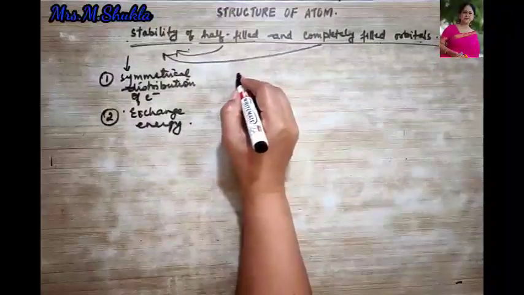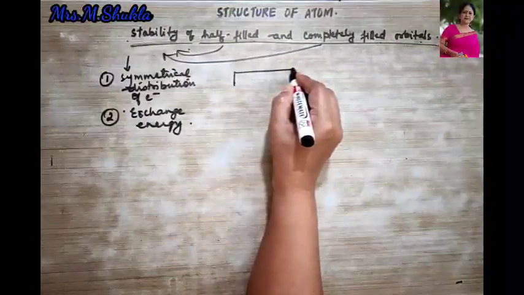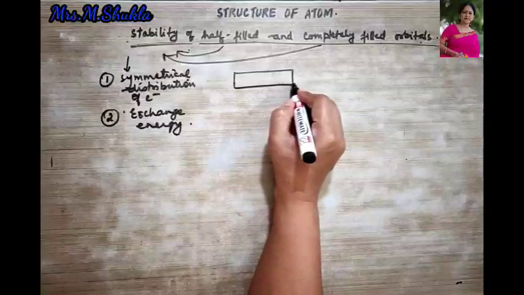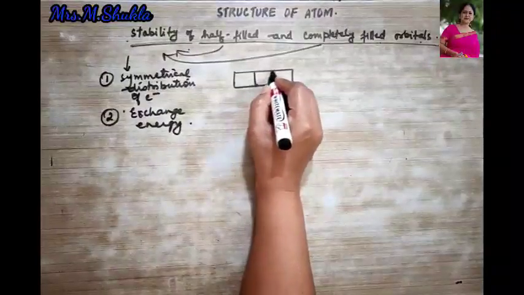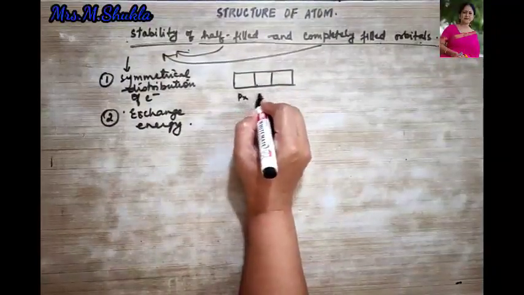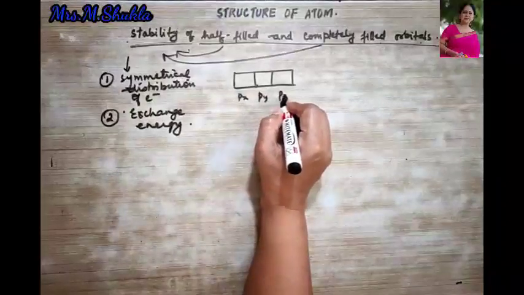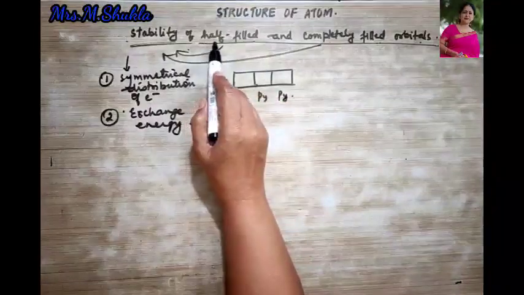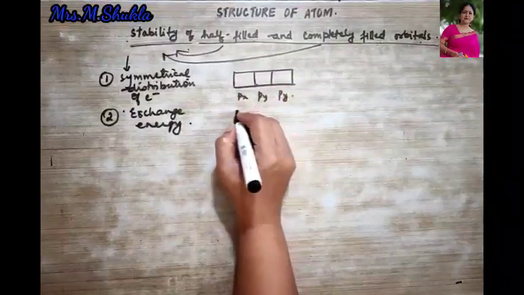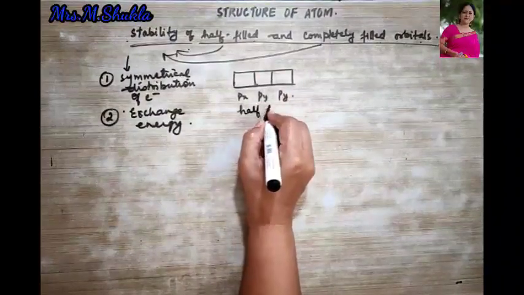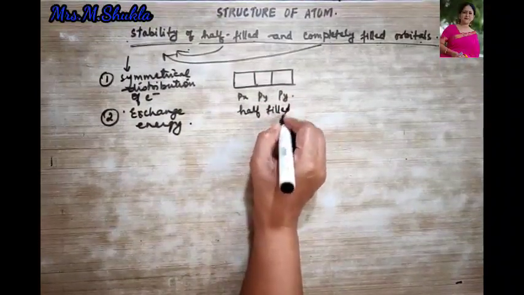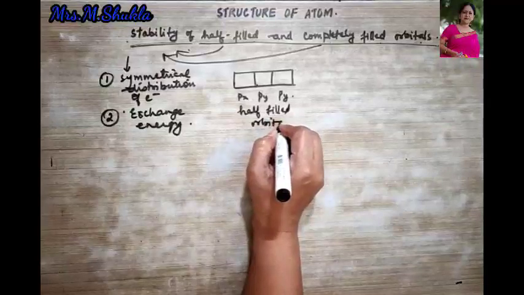When I say half-filled, look over here. Suppose I take p orbitals, this is px, py and pz. So if I say it is half filled, here I am showing you half filled orbitals.